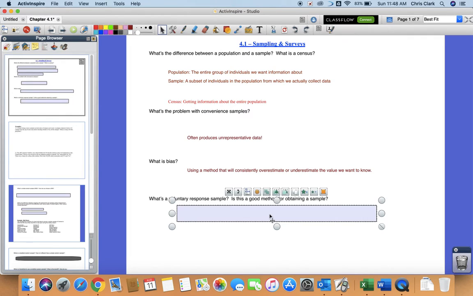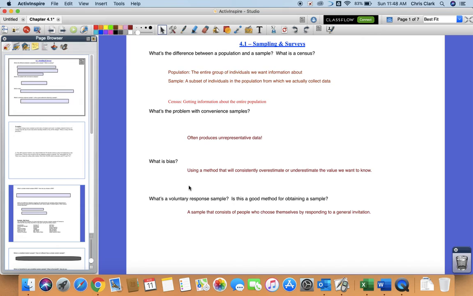So a voluntary response sample is a sample that consists of people who choose themselves by responding to a general invitation. This is not a good method for obtaining a sample because it's going to lead to people who are very invested in whatever they're doing calling in or emailing or responding to the sample. So that's not necessarily a good thing.